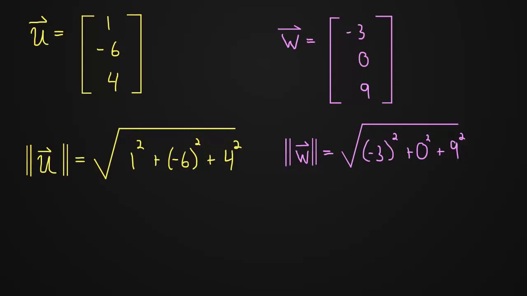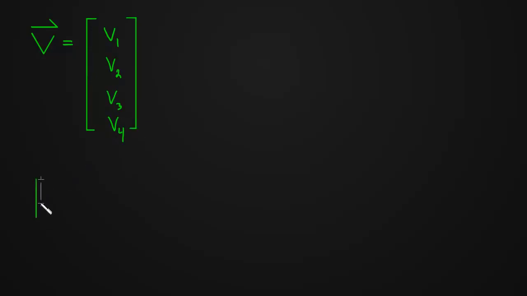If you're wondering what happens if you have more than 3 components, let me show you that quickly. And I might make a separate video about this, but let's say we had something like v is equal to v1, v2, v3, and v4. So now we have 4 components. The length of v, you might be able to guess what it's going to be.